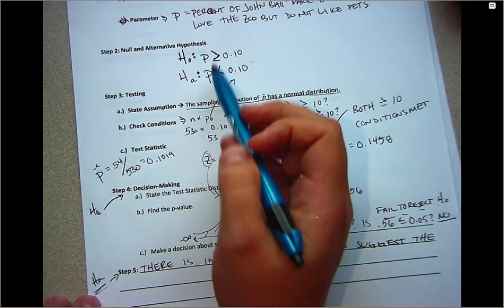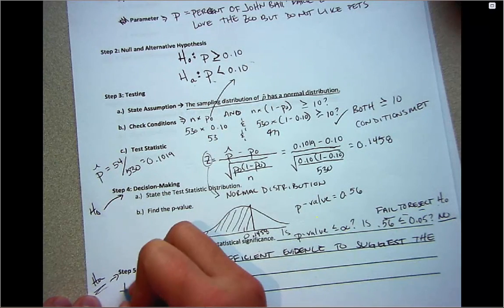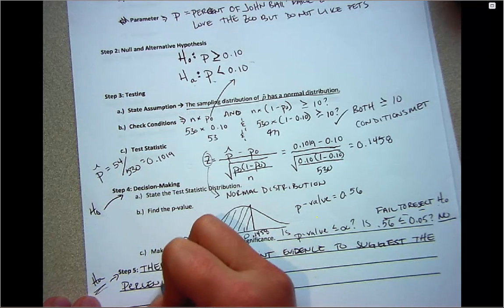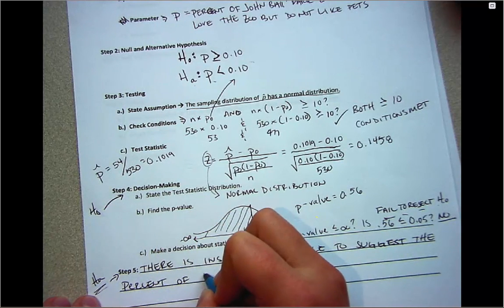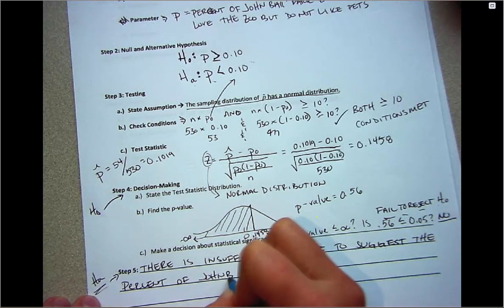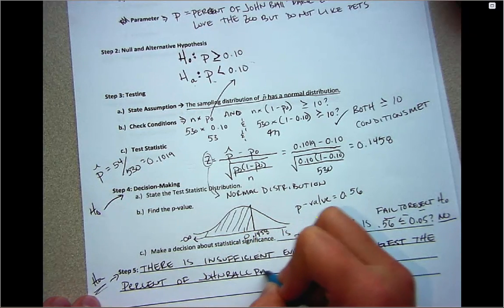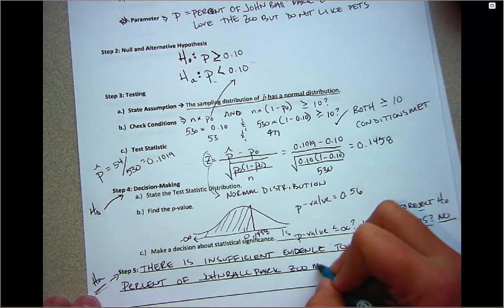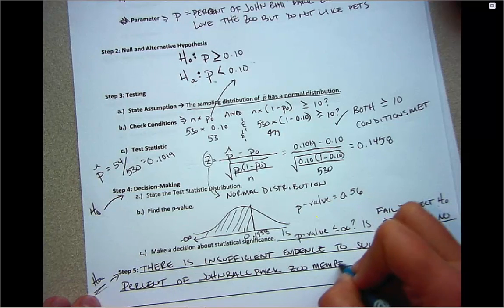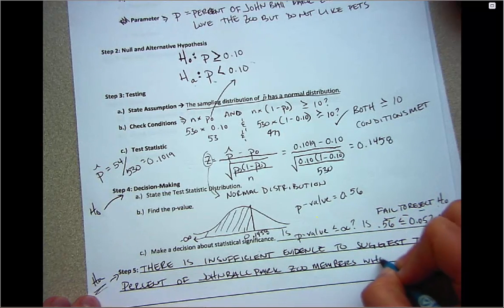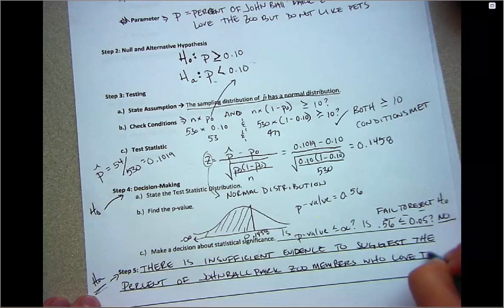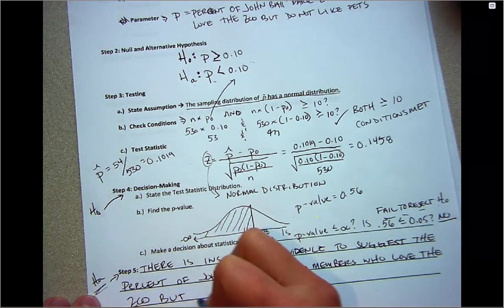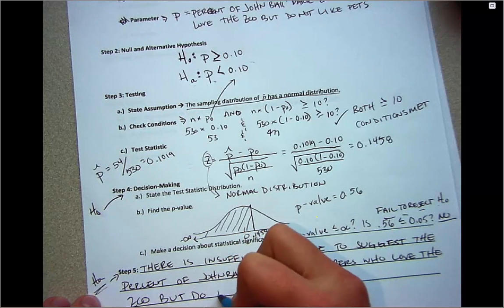So starting with P, we define P as being percent. So there's insufficient evidence to suggest the percent of John Ball Park Zoo members who love the zoo but don't like pets.